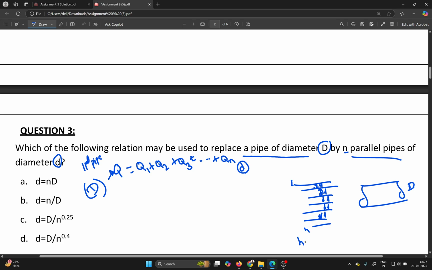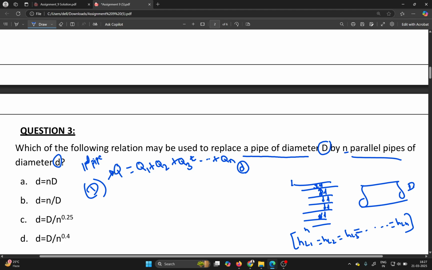In each pipe the head loss will be the same, meaning HL1 equals HL2 equals HL3 and so on up to HLN. This will be the same.